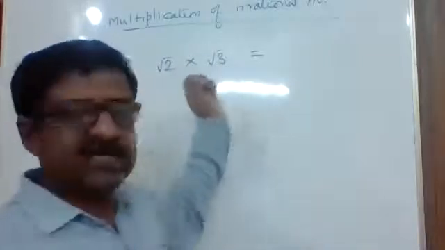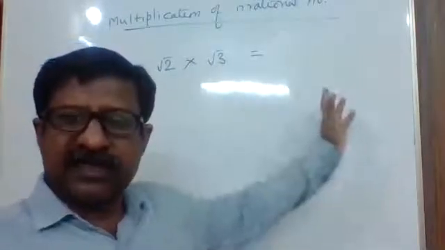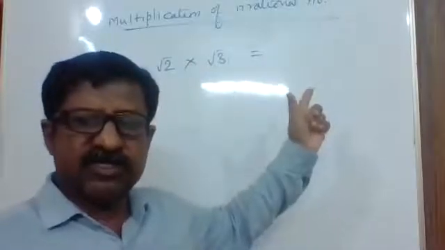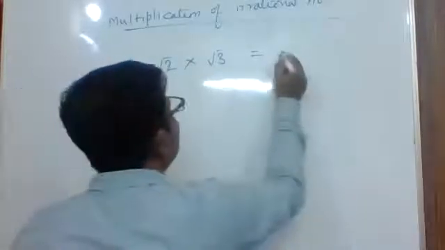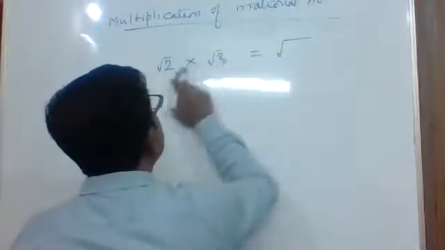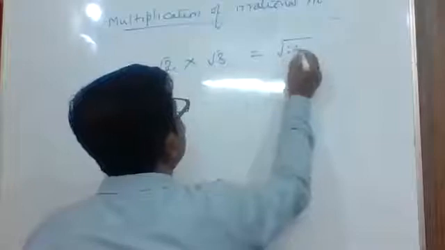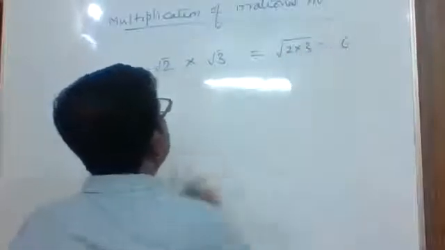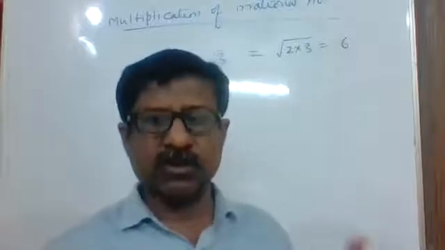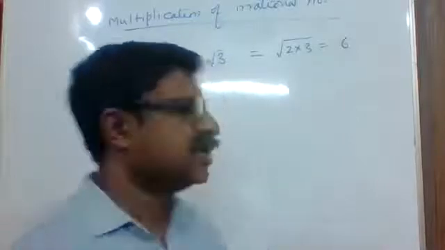Both of them are inside the radical sign, so while multiplying these two, we write a common root sign, and we multiply 2 into 3 directly. 2 into 3 is 6. That means root 2 into root 3 is root 6.